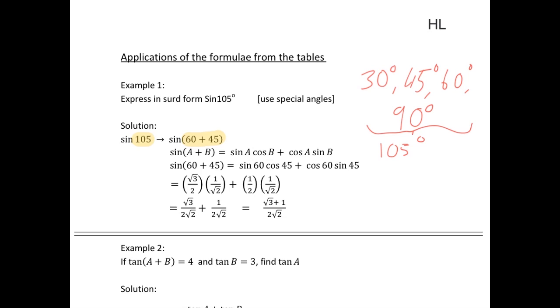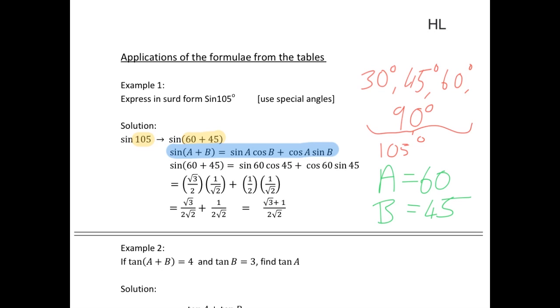And then once we have that, we can use the sine of a sum formulae found in the tables, this equation here, and we can just sub in our values for A and B. So in our case here, we have that A is 60, B is 45.